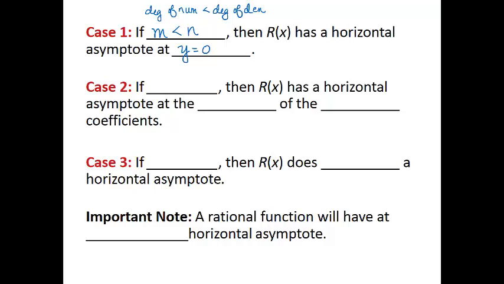And that is because if we have a larger exponent in the denominator, that value in the denominator is always going to be larger than whatever the number is in the numerator. And if you remember anything about fractions and their relationships, when we divide something by a larger number and increase the size of the denominator, it's going to actually go to 0.